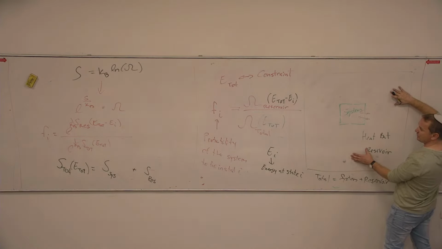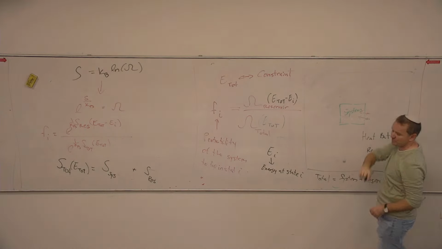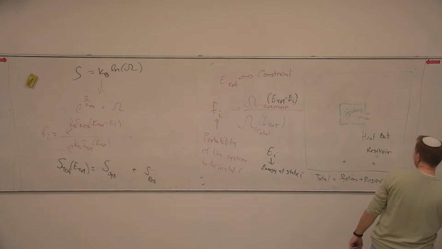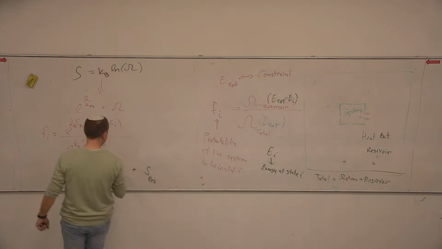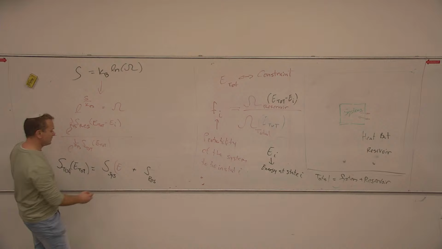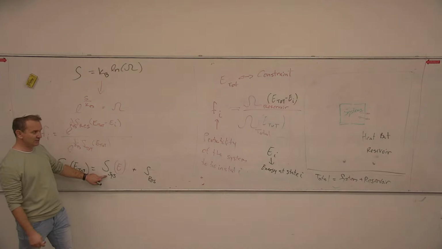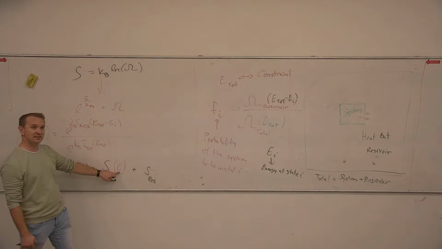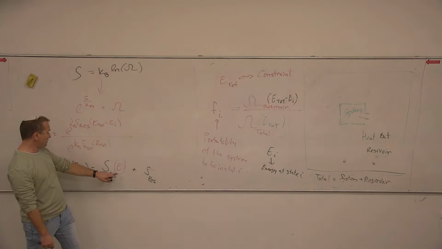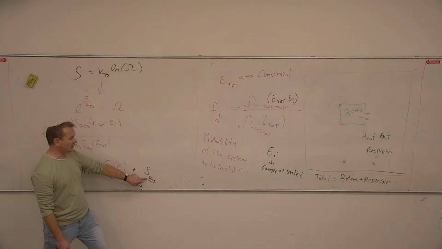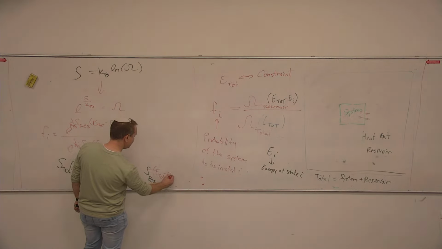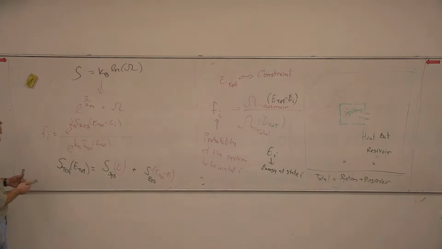The entropy of everything is the entropy of the system and the entropy of the heat bath. Here is the trick. I pick an energy and assume that I have an average energy E, and I want to compute the entropy of the system, provided my system sits in a state where the energy is average. So if the energy of the system is E, the energy of the reservoir is E total minus E. This is extensivity.